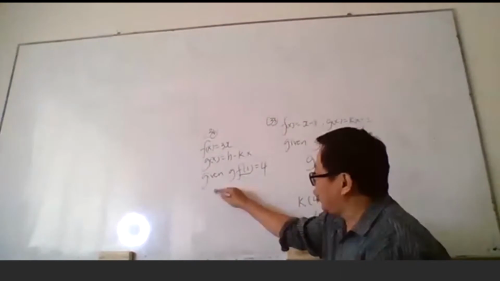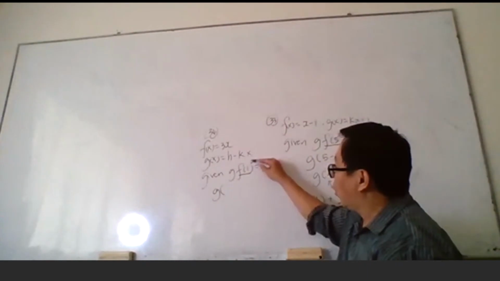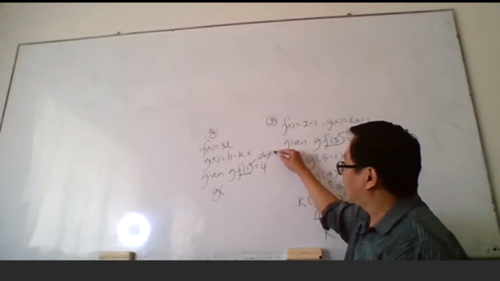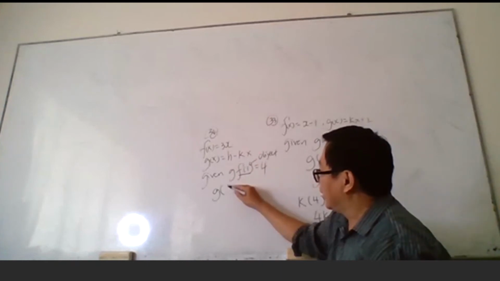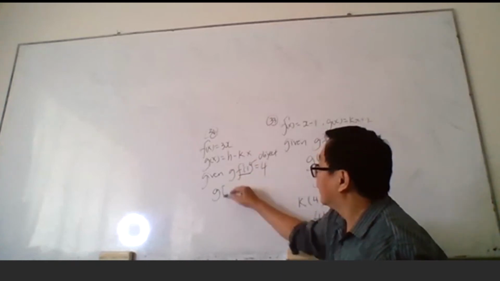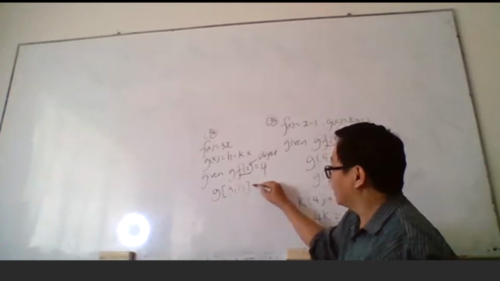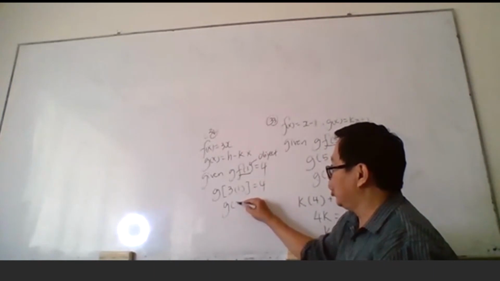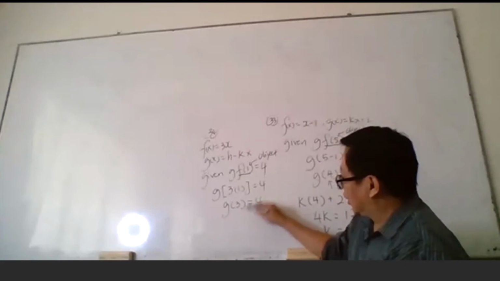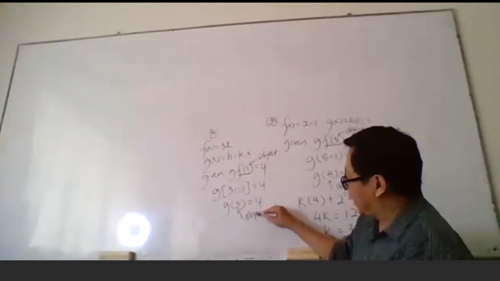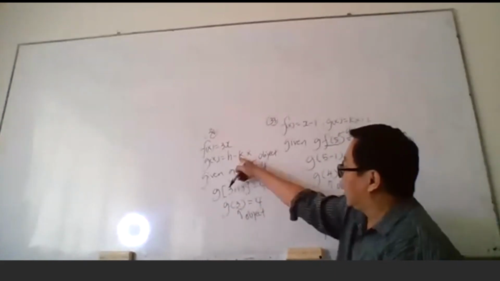First of all, g remains. So 1 is your object, and the object goes into f, so you get 3, and you get g(3). And 3, we treat as your object and put into g.